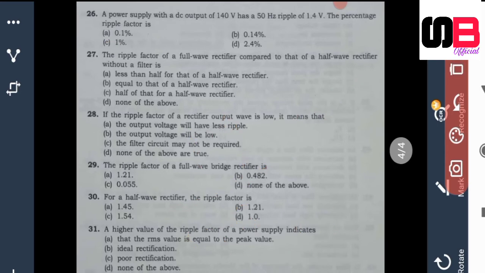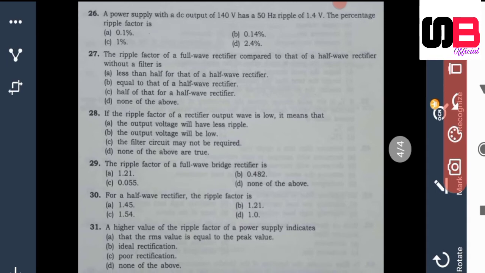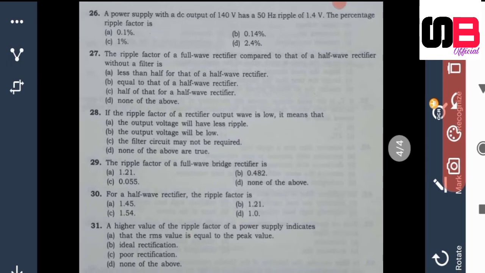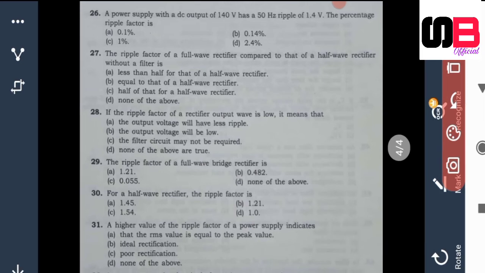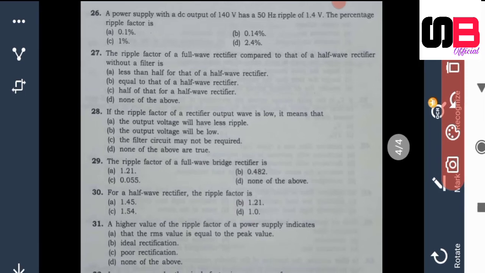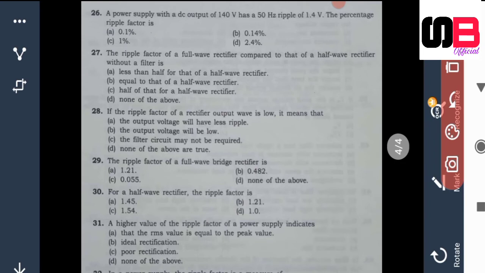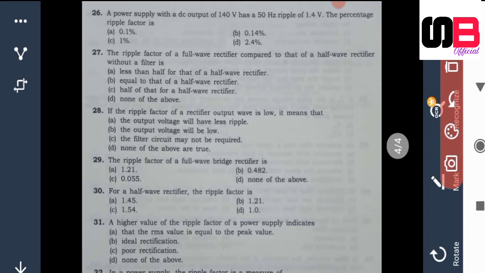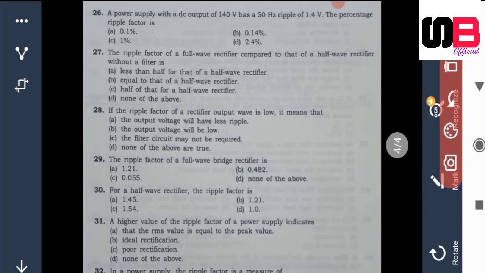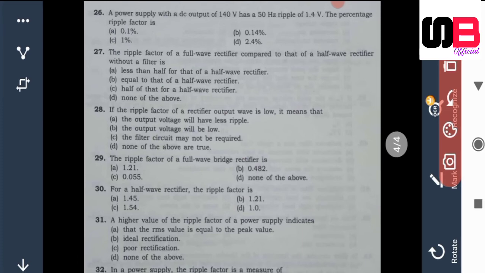The ripple factor of a full wave rectifier compared to that of the half wave rectifier without a filter: option A, less than half of that of a half wave rectifier; equal to that of a half wave rectifier; half of that of a half wave rectifier; and none of the above.